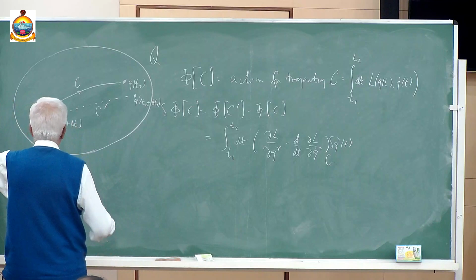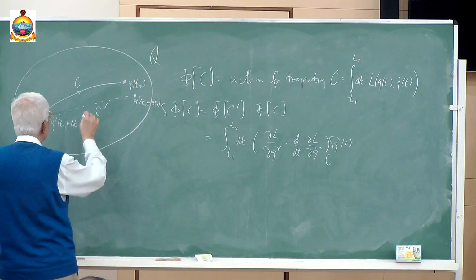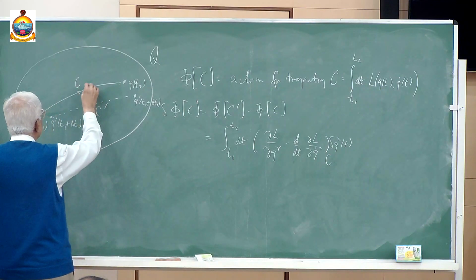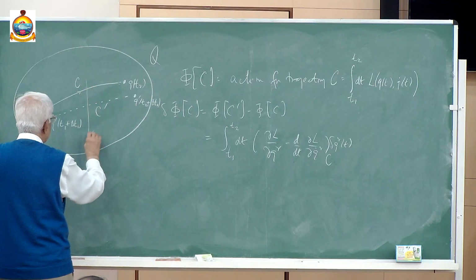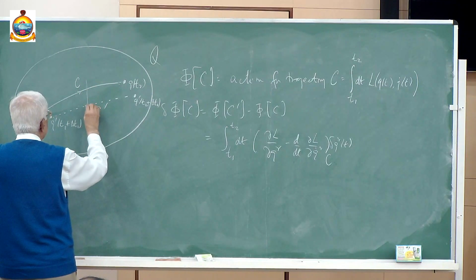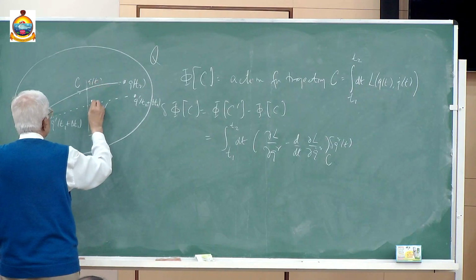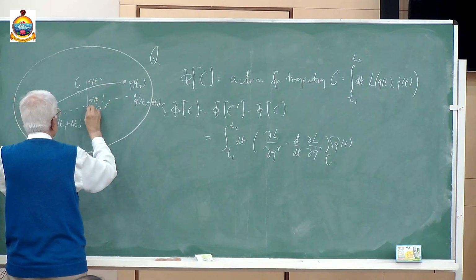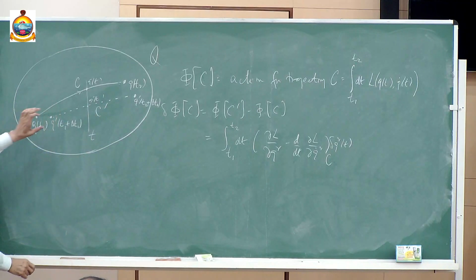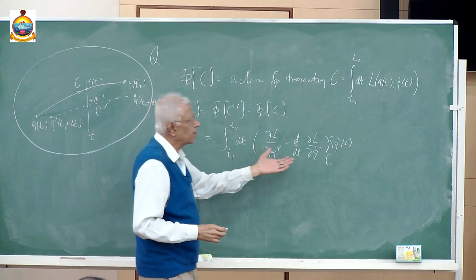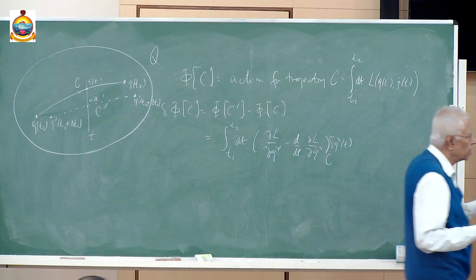And now, I make the following notation. At any intermediate time, let us say this is at time t, this here is q of t, this is q prime of t. And the difference between q prime and q will be described exactly as before.